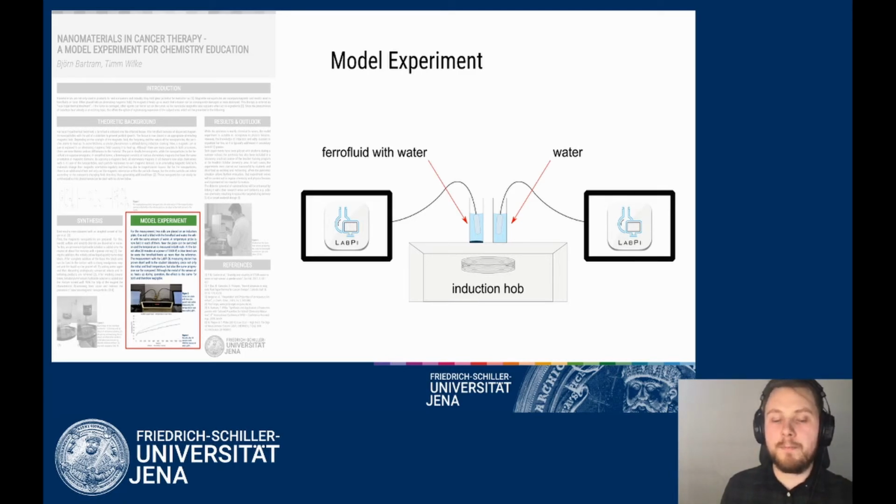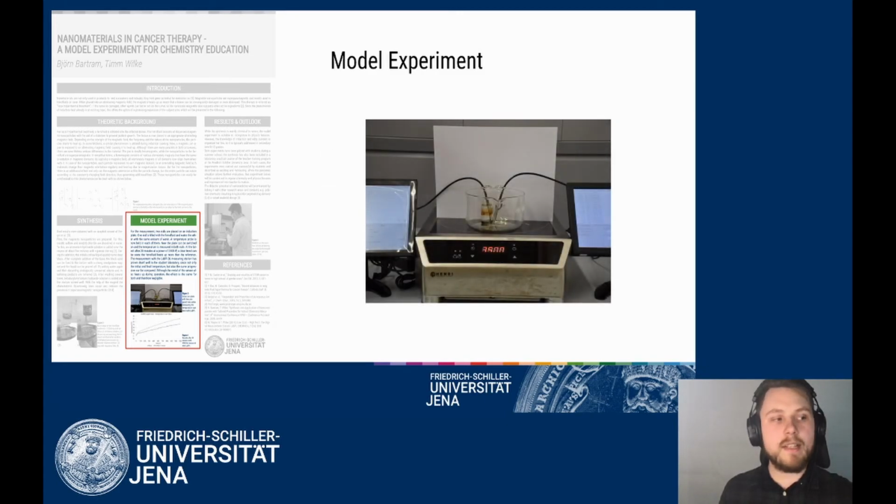generated through the induction. For the temperature measurement, we used the LabPi measurement system of a colleague of mine, Manuel Wehner. You can see his poster as well. I can just recommend it to you. In the sketch, you see how it is planned, and in the lab, it looked like this.